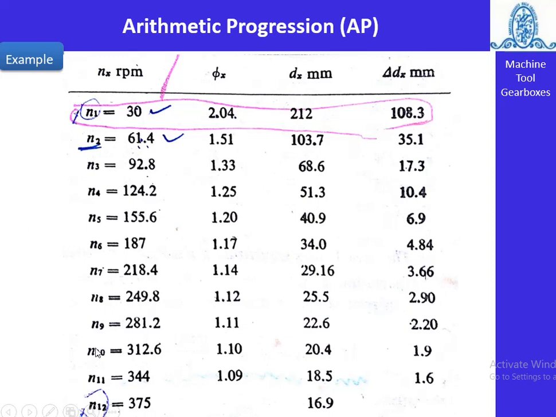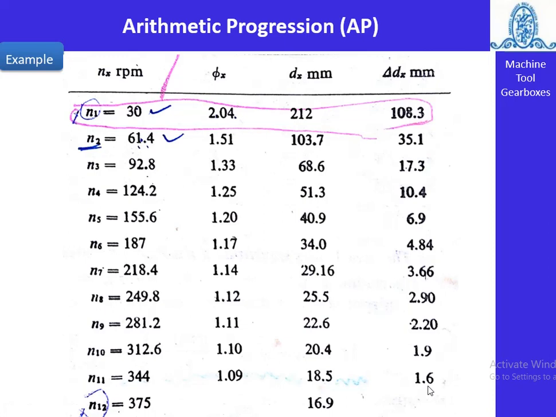If you see the higher spindle speed steps, that is 312, 344, 375, the range of delta dx is very narrow: 2, 1.9, again 2, and 1.6. So it is very narrow, we can say redundant.